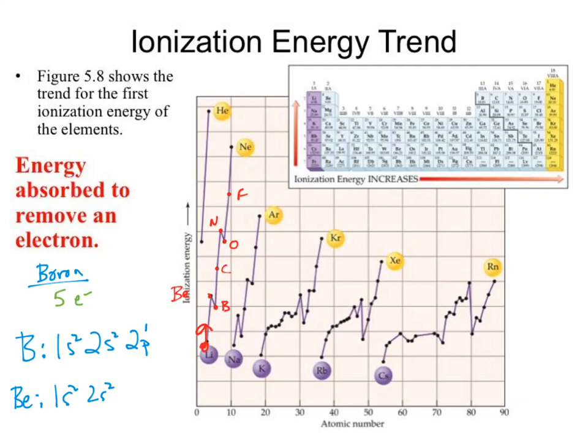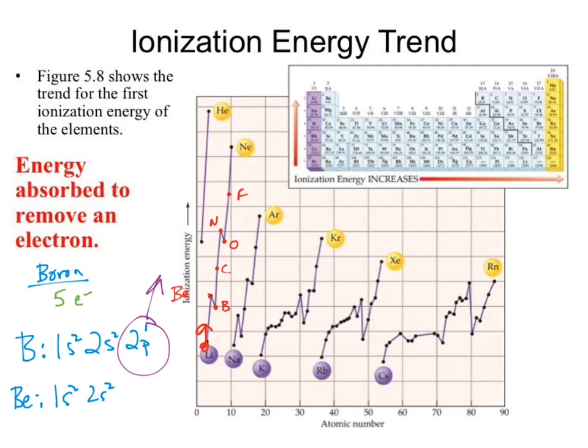Okay, what happens when we get to boron? We have to add in this extra electron. That extra electron doesn't have any family. Okay, it doesn't have any friends. So what does it do? It says, I'm going to find somebody else. Okay? So it's relatively easy to remove that last electron because then we start to look like we have a full energy shell.